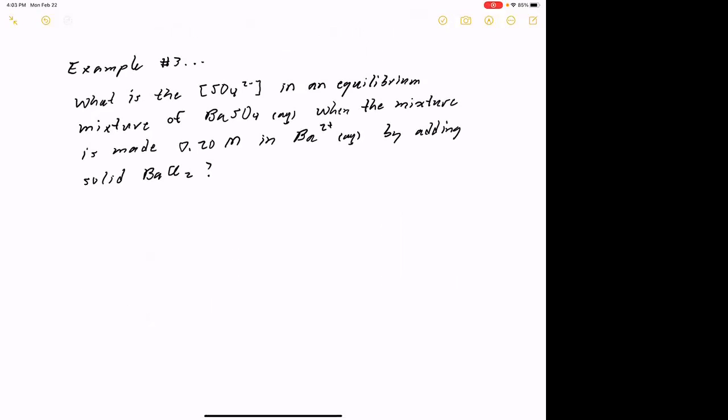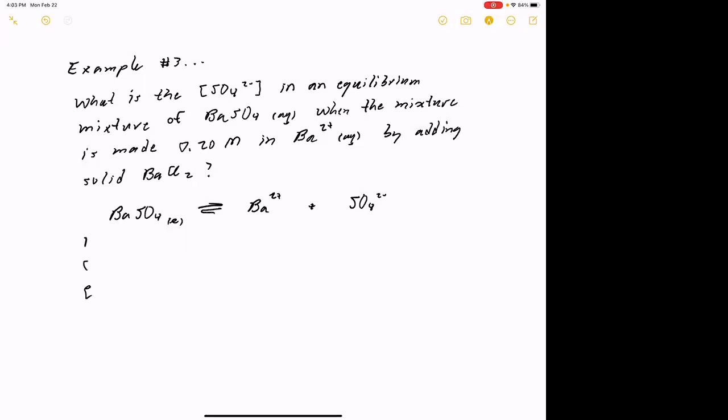So let's write the reaction out exactly in terms of a KSP reaction here. Okay, and I know what I'm going to make. I'm going to make some barium ion. I'm going to make some sulfate ion, both of these obviously with aq under them. I'm going to do an ice table.